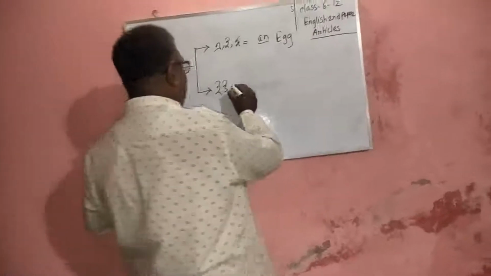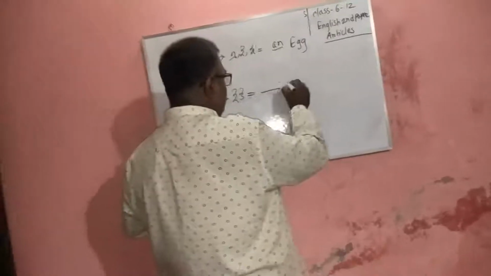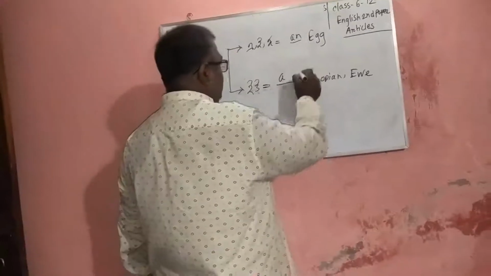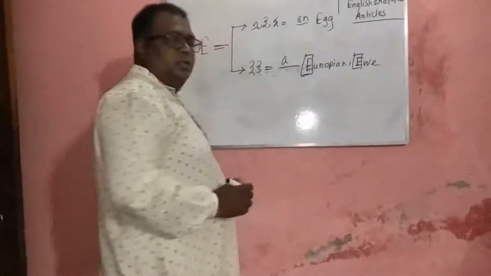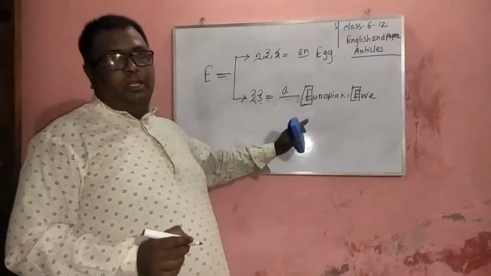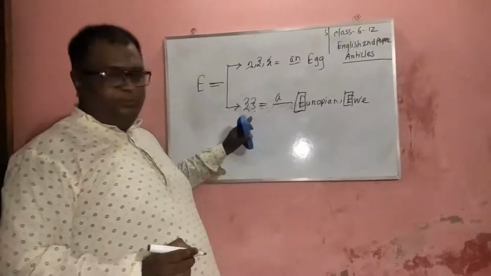But if E is pronounced like U, only a, though the E is a vowel, but its pronunciation is like U.